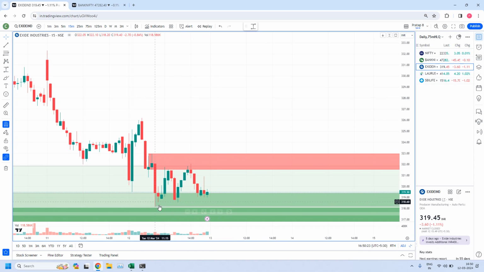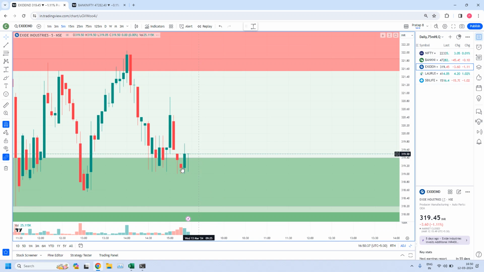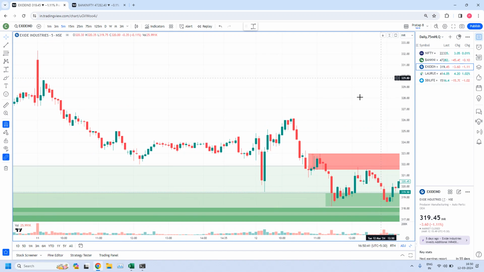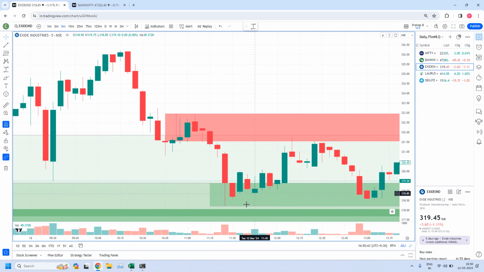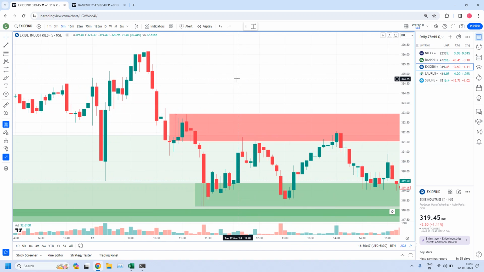So this is a 15-minute zone. This is a drop, 2 base candles and rally. But where you need to place your order? At 5 minutes. So let's get into 5 minutes. Next time again, if you want to take a second order, if price retraces, where you want to place that? Look into this.